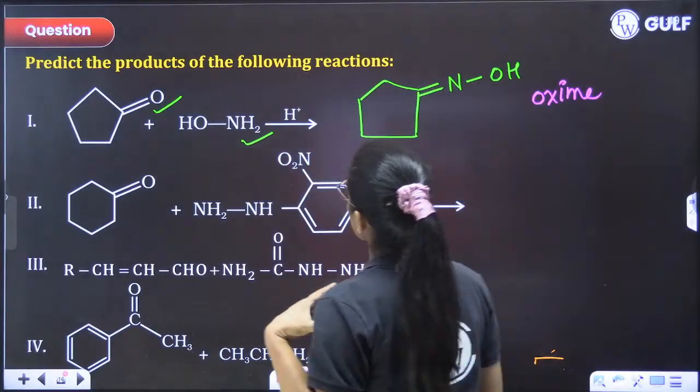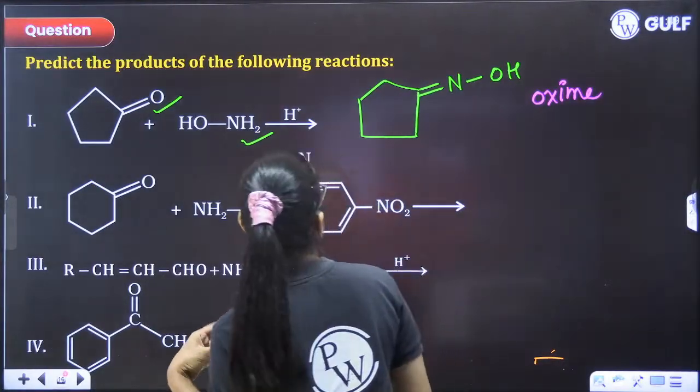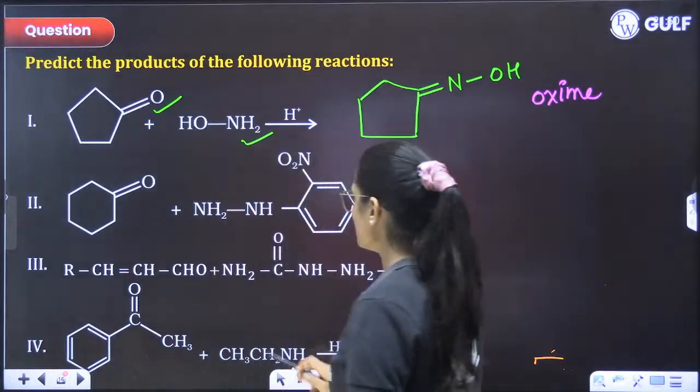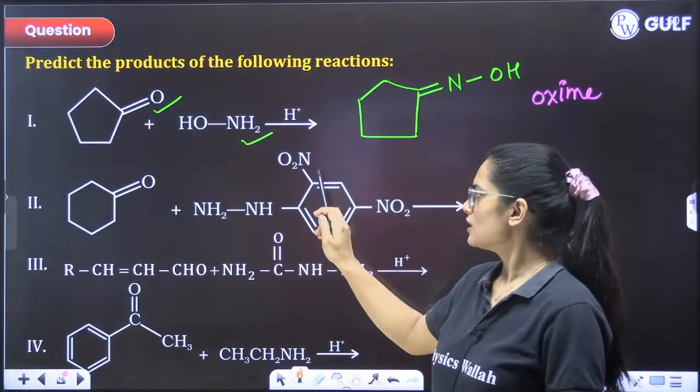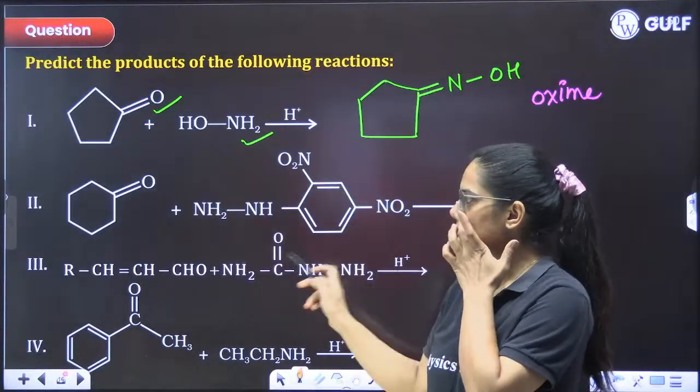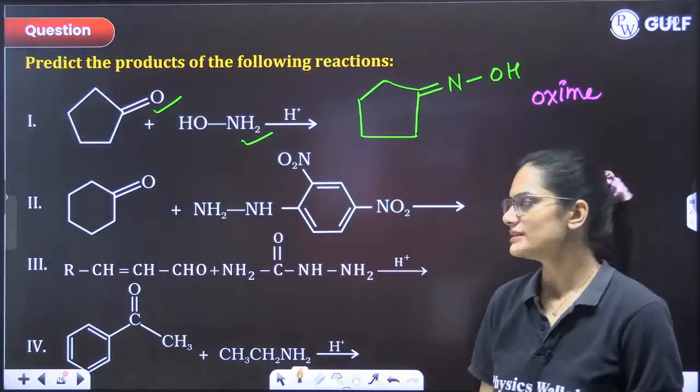Alright? Next we have, what is the name of this compound? This is 2,4-DNP, right? 2,4-dinitrophenylhydrazine. And again here also rapid dehydration will take place.